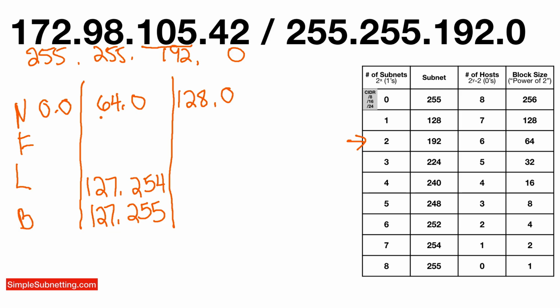And then one more is 64.1. And there you have it. So if they asked us for the first one, this is what we would write: 172.98.64.1. That is the first usable IP address.